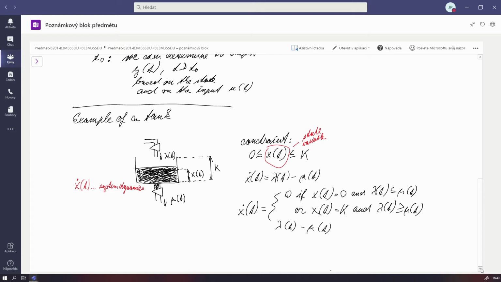In this case, the sample path is continuous. It represents the continuous state space.